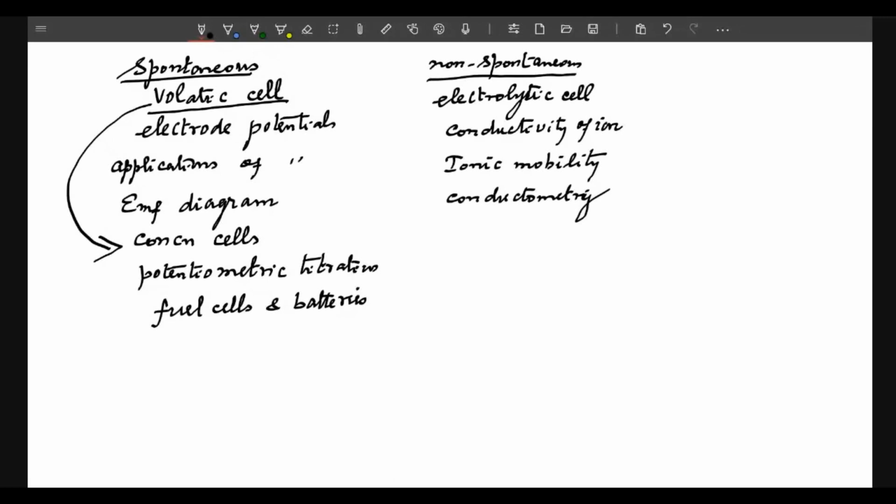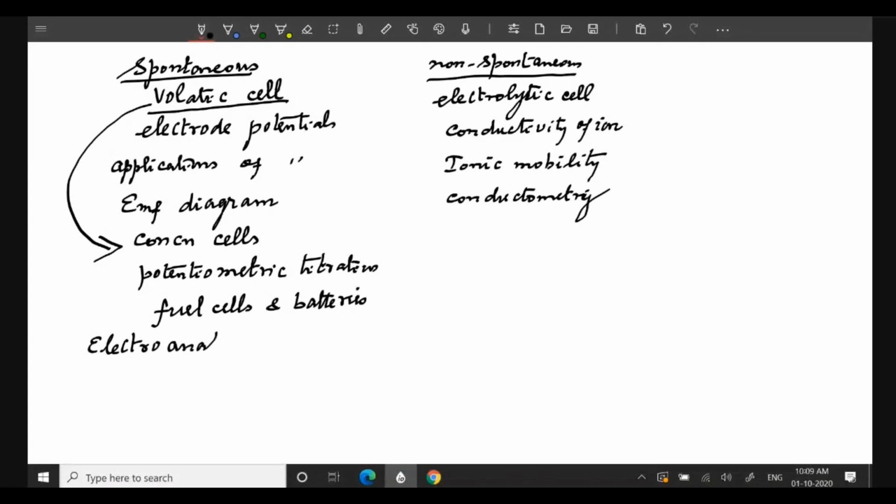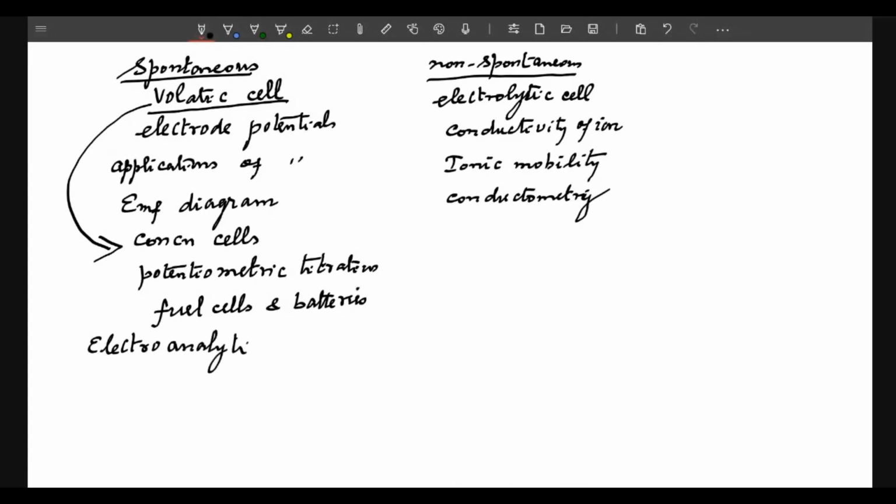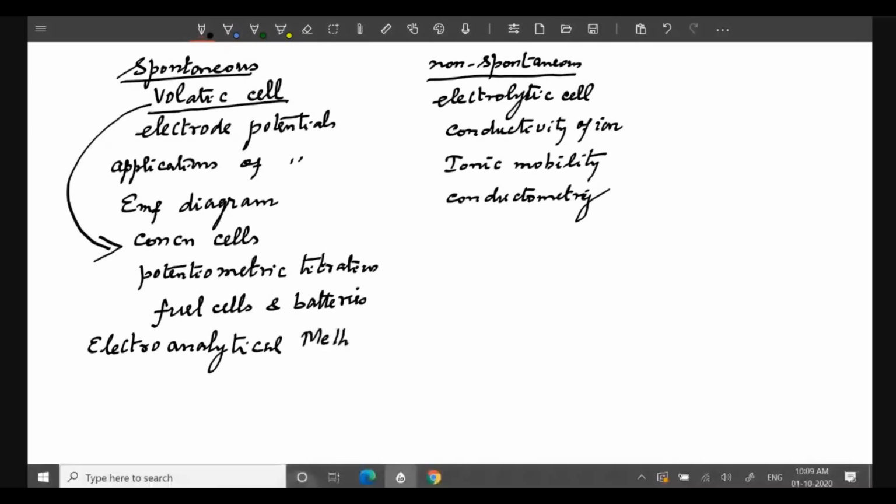In addition to these two, by applying these, various types of topics are there under the heading electroanalytical methods. What are the electroanalytical methods?